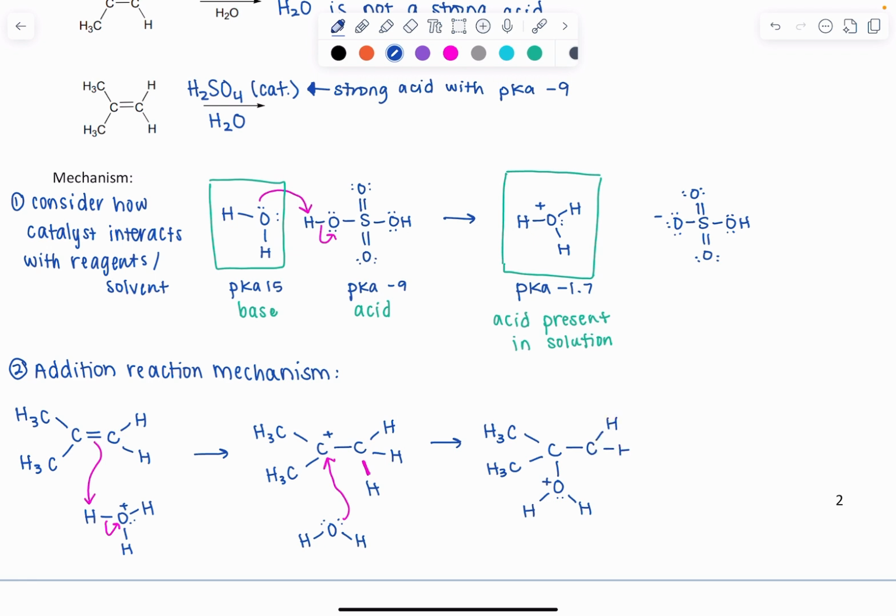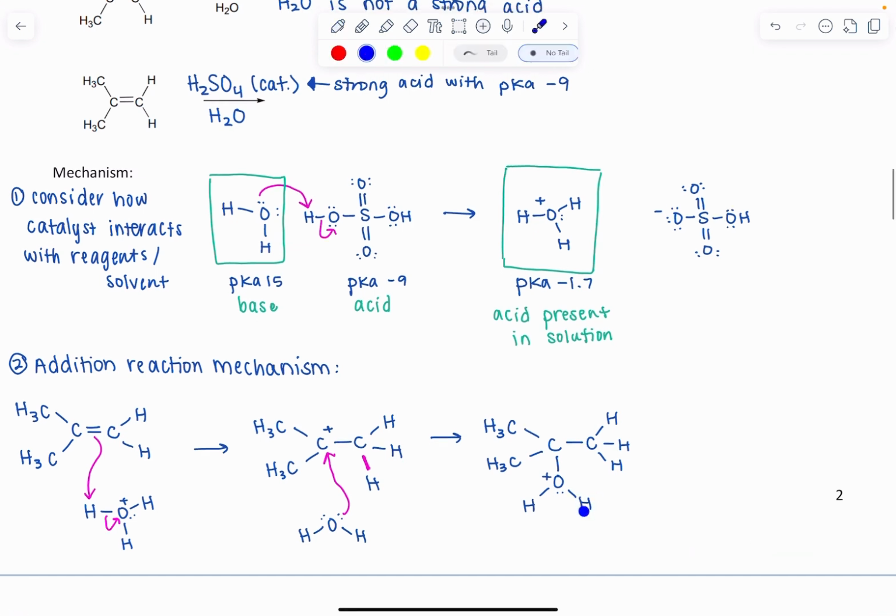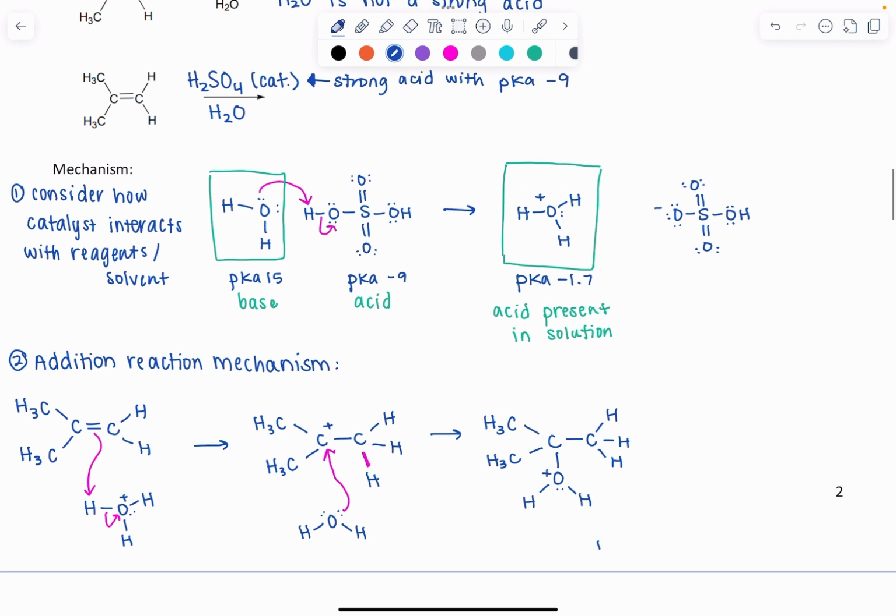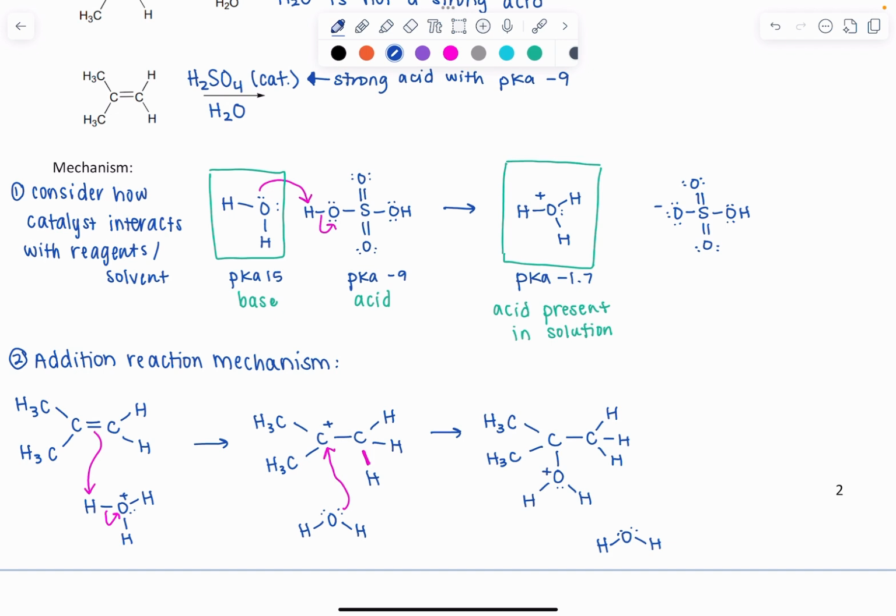So we just have one more step to neutralize the oxygen with a proton transfer. And we have to keep in mind that there's a lot of water and a little bit of the catalyst. So we still have some of this H2O left over as just H2O. It didn't get protonated. So when we need to remove one of these hydrogens, we will use H2O, which is better at removing a hydrogen than hydronium, which is already positive, so that's not going to take another hydrogen. And there's our last step to form the hydration reaction.